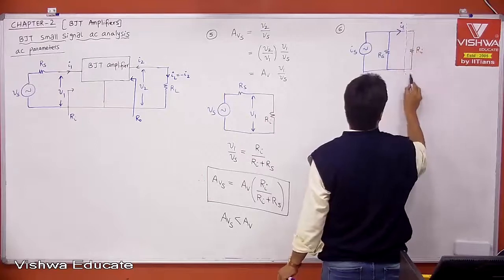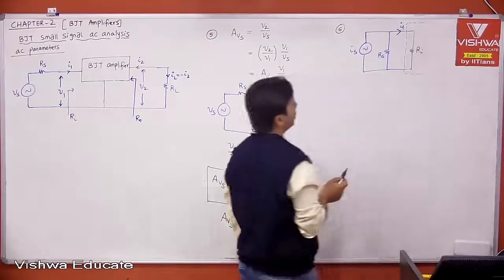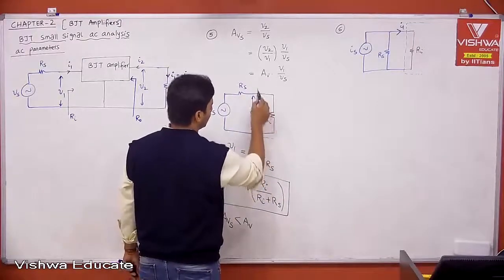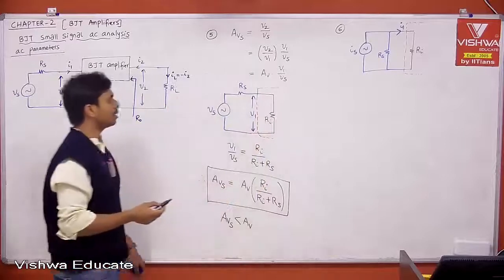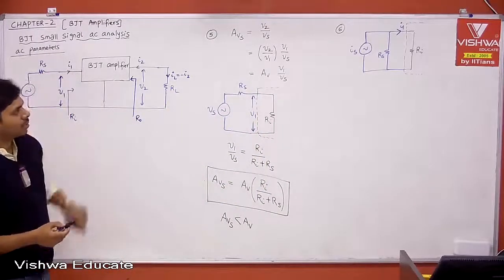Therefore, this is your amplifier. Your amplifier is effectively represented with Ri, because we effectively represented the input impedance, which we calculated also, that is your Ri.